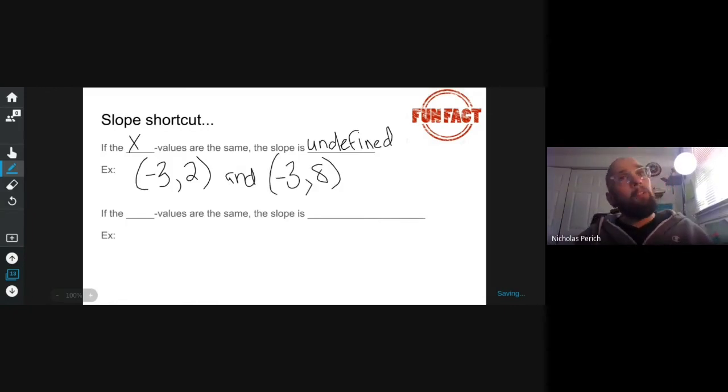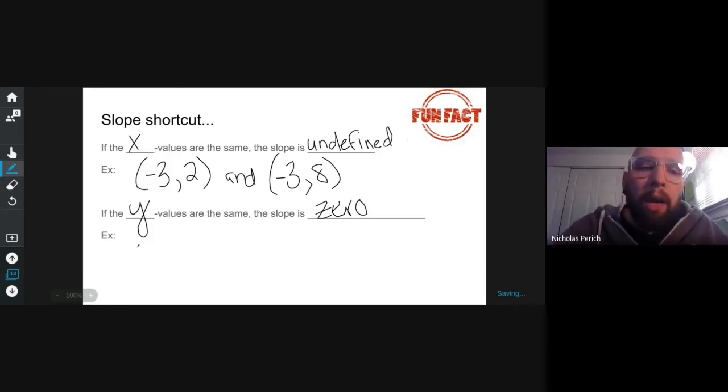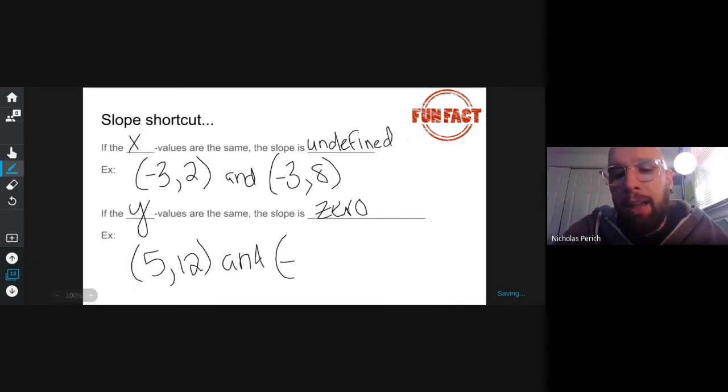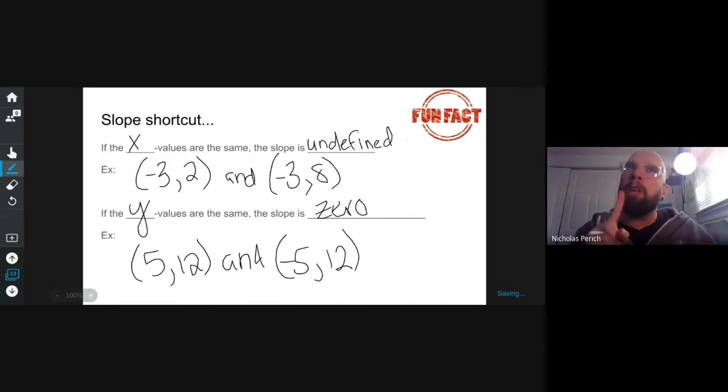If I were to graph that and draw a line, I would have an up and down line, because up and down is undefined. Now, if the y values are the same, then the slope is 0. So y values being the same would be 5, 12 and negative 5, 12. You want to say that the 5s are the same, but one's negative and one's positive. What are the same are the 12s.